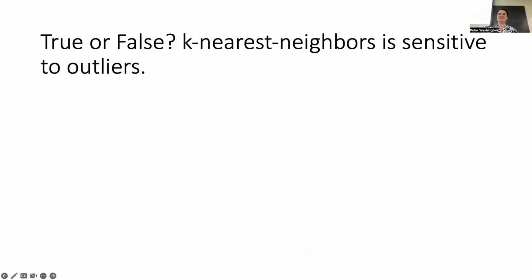My answer was true because if you have an outlier, it's going to affect your prediction severely if you're near the outskirts. But yes, I do also agree that in the general case, the outlier is not going to affect things, but it does. I guess maybe it's the wording. It is sensitive to outliers.